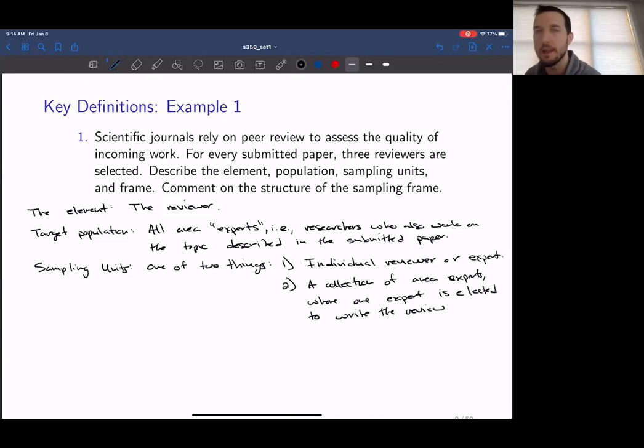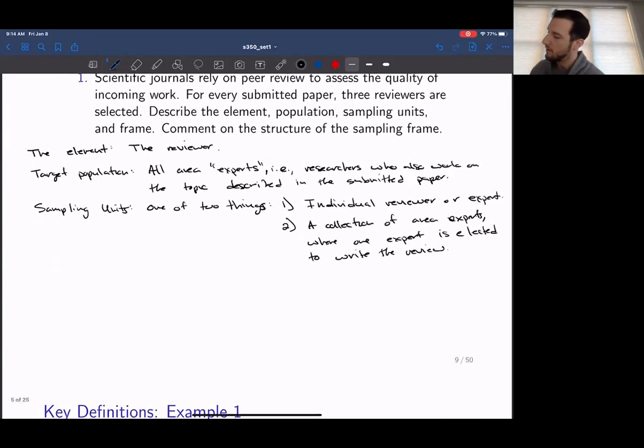Okay, and then elected, of course, would be a very diplomatic way of saying told to do it, depending on the context. Okay, so the sampling frame, which is the last part.